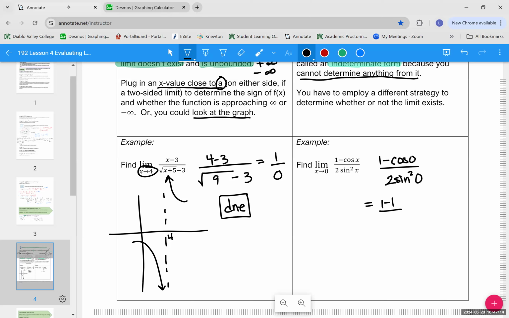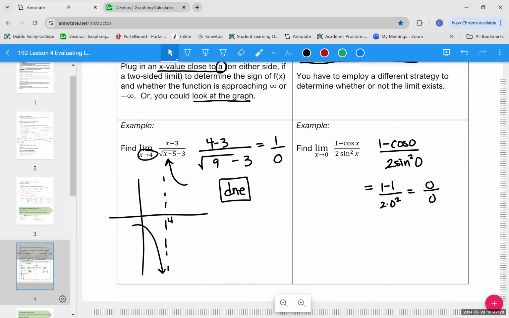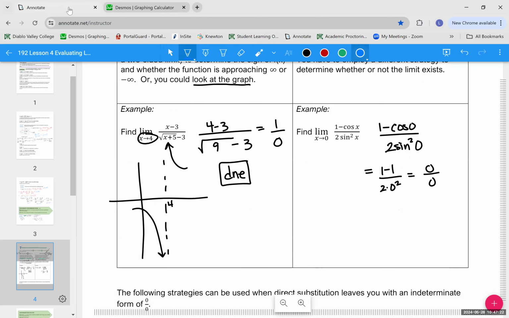Sine of 0 is 0, so I have 2 times 0 squared on the bottom. And there it is, the elusive 0 over 0. At this point, we haven't talked about any of these strategies, but we just want to outline that this is indeterminate, so we must try a different strategy.